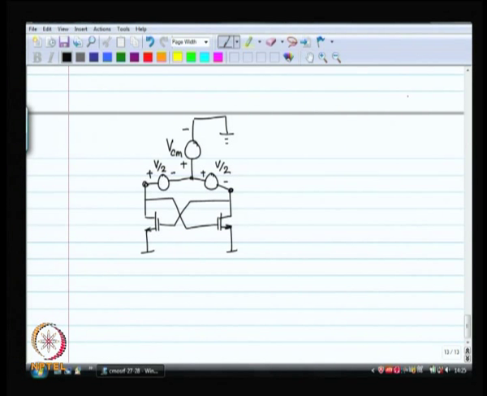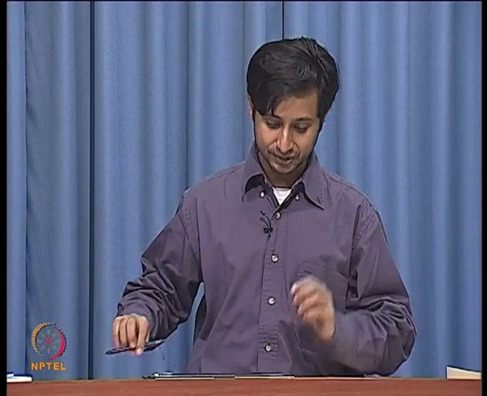So, as far as the common mode voltage VCM is concerned, the resistance that you are going to see is 1 by Gm in shunt with RDS divided by 2, because there are two such things. As far as the differential voltages are concerned, you are going to see a different input resistance, right. You are going to see a negative input resistance as far as these two differential signals are concerned. As far as the common mode signal is concerned, you are going to see a positive resistance. It basically looks just like a diode connected MOSFET.